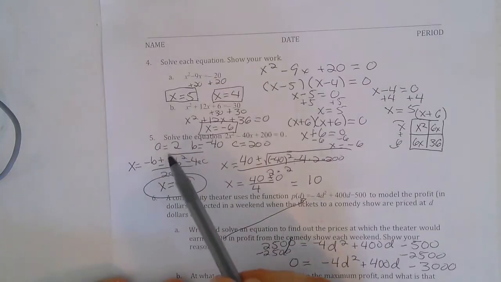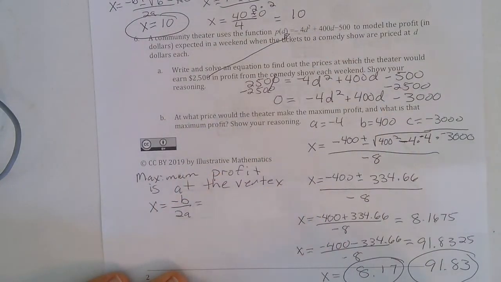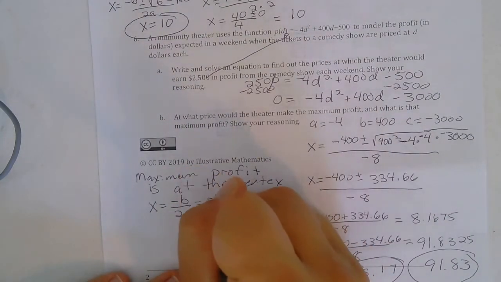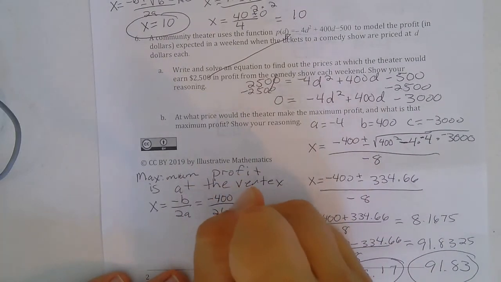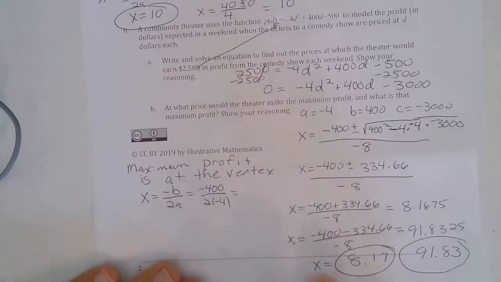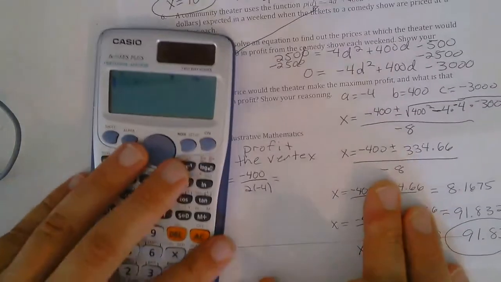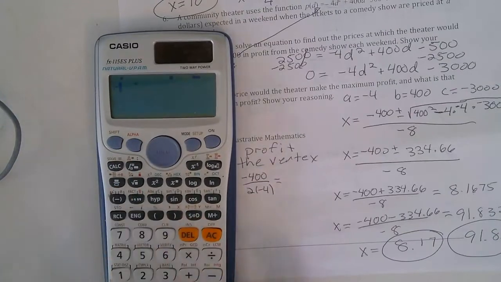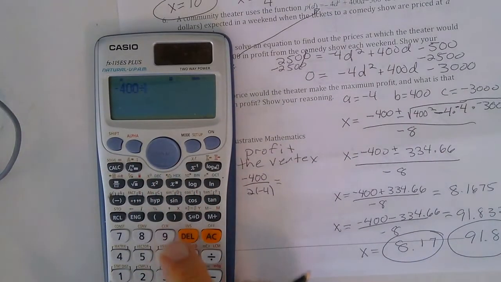So it's just this first portion of the quadratic formula. So here, in this case, it would be negative 400 over 2 times negative 4. So here I go negative 400 divided by 2 times negative 4 is negative 8.